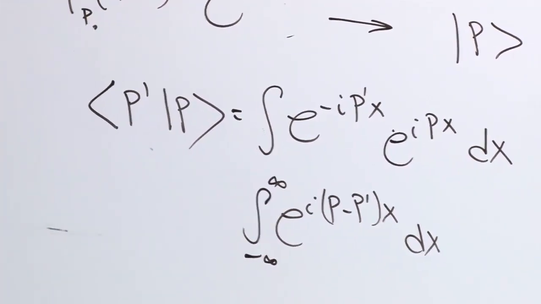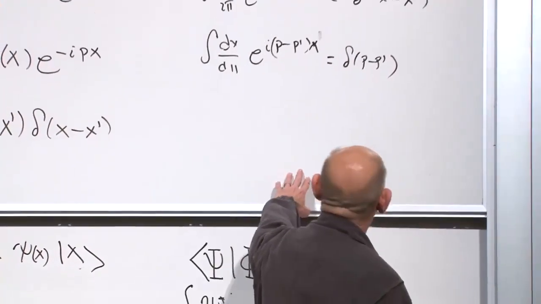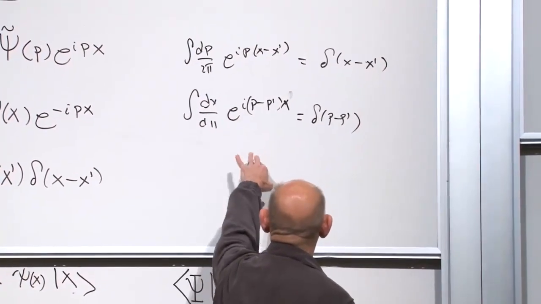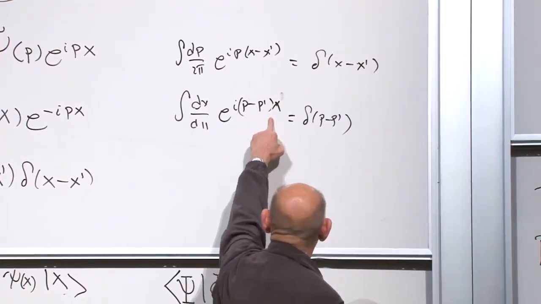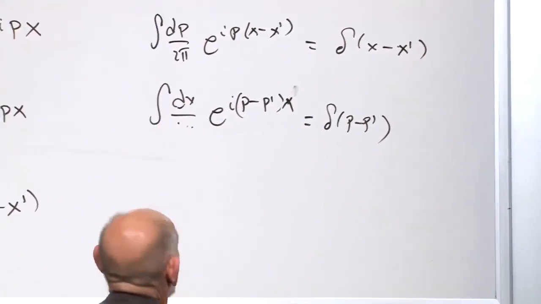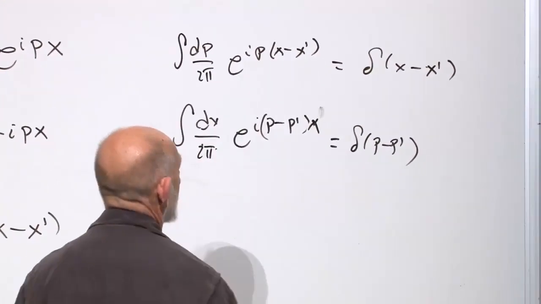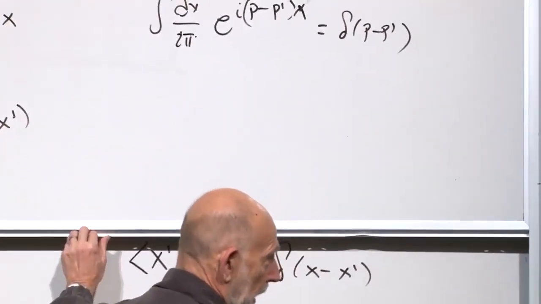But yes, we do. Up here we have the integral dx over 2 pi is delta of p minus p prime.